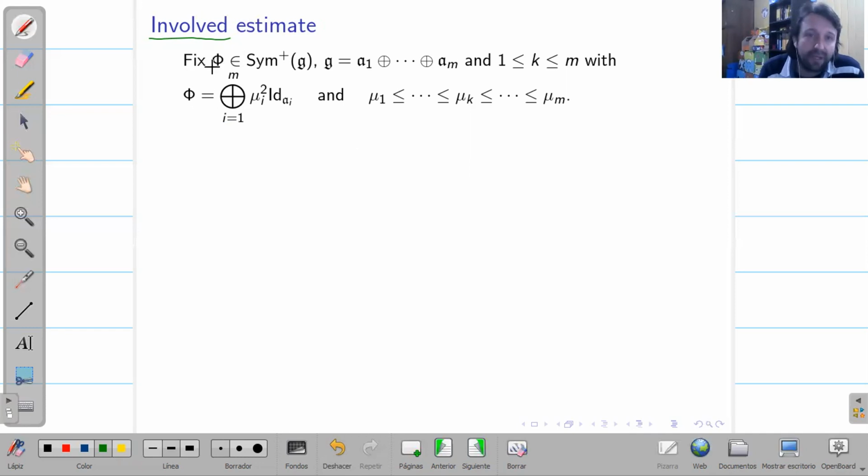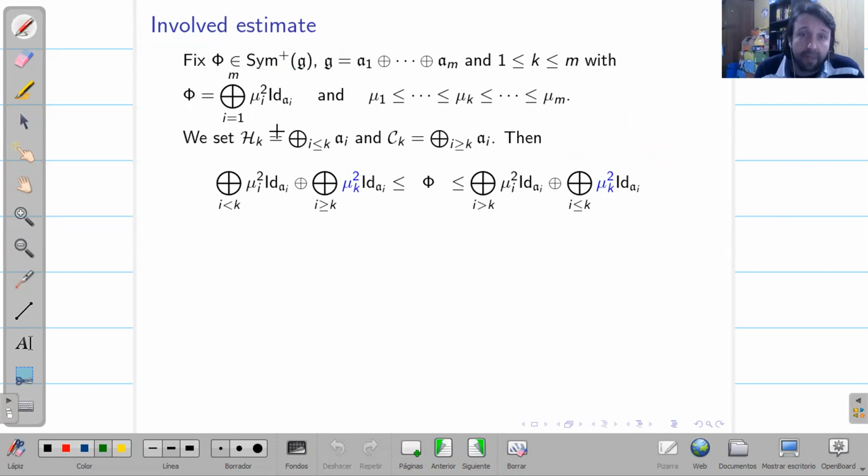So now fix again a left-invariant metric which is associated to some positive definite symmetric map. Again, find the eigen decomposition in one-dimensional subspaces such that you have this, and remember the eigenvalues are mu k squared, right? And they are ordered and always positive.